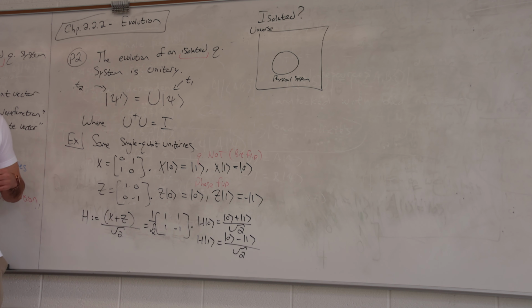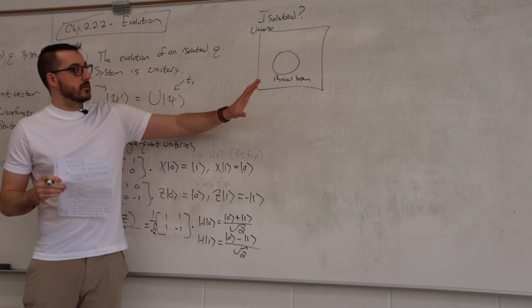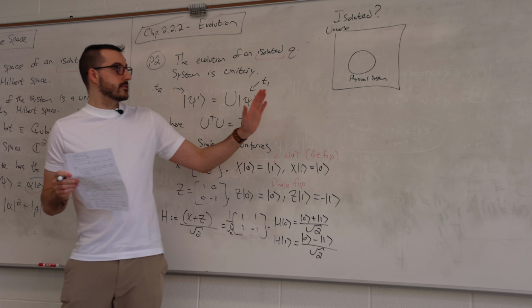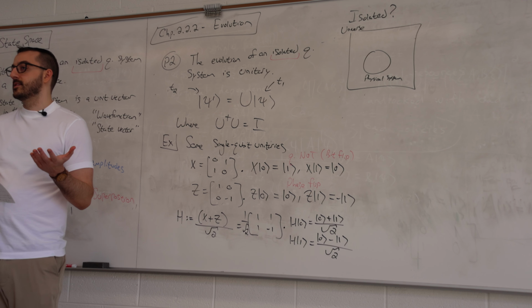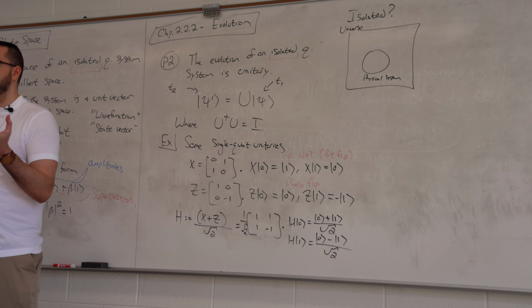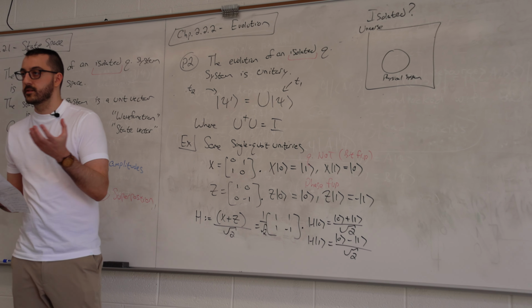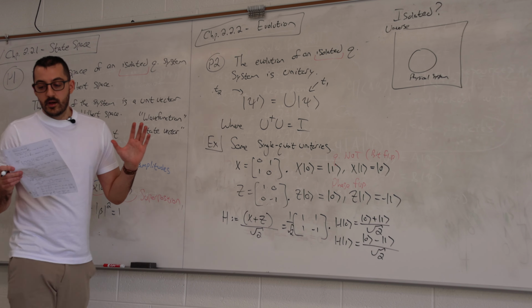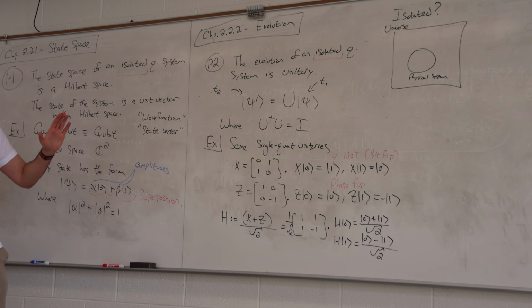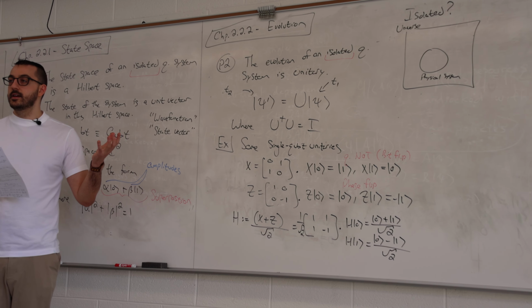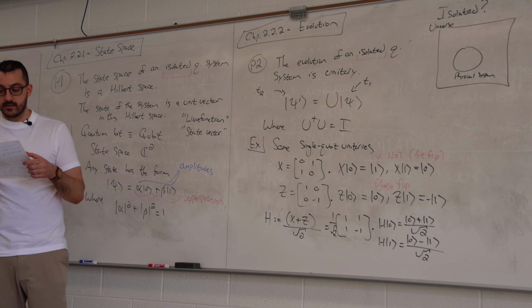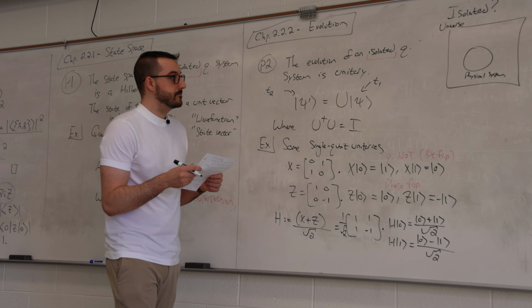A completely isolated physical system is one that does not interact at all with the outside environment, with the outside universe. That is an idealization, of course. Any real physical system is going to interact to a certain extent with its environment. So these two are idealizations in the sense that a perfectly isolated physical system is an idealization.